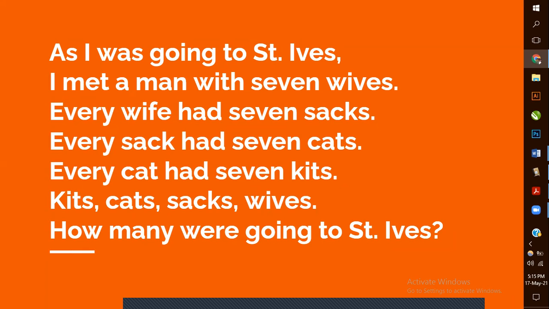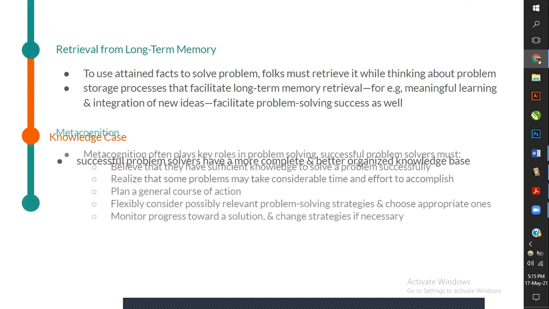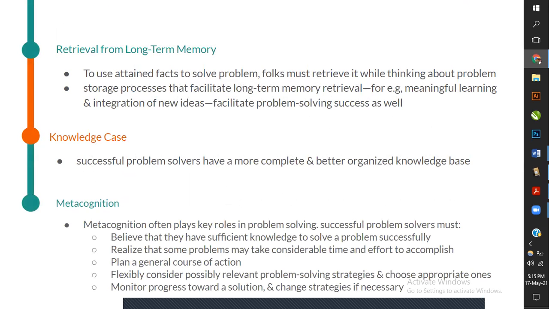All right. Our third factor affecting our success of problem solving is retrieval from long-term memory.